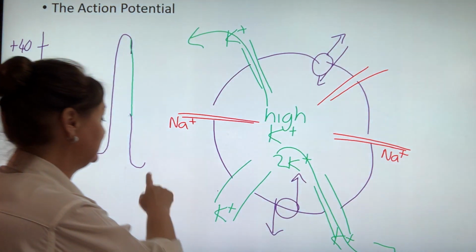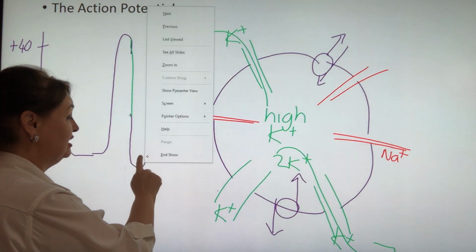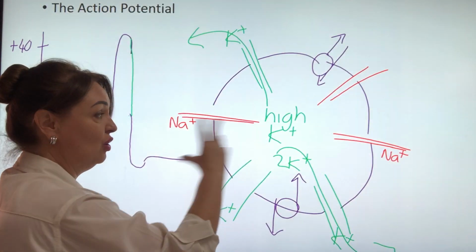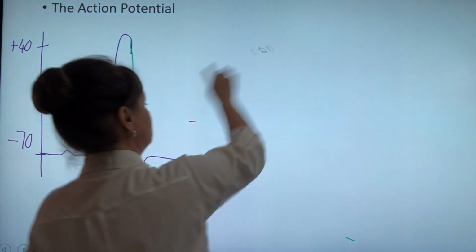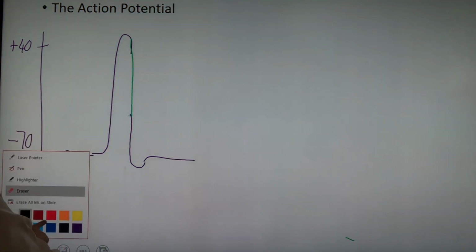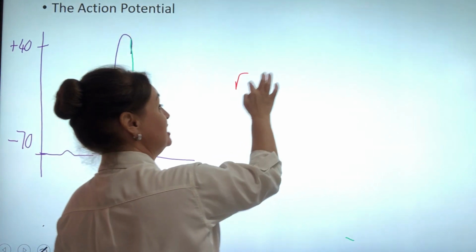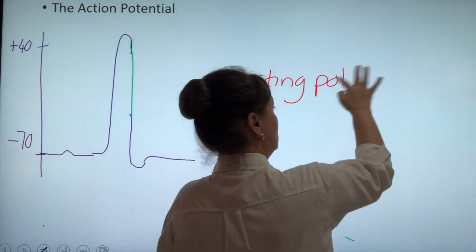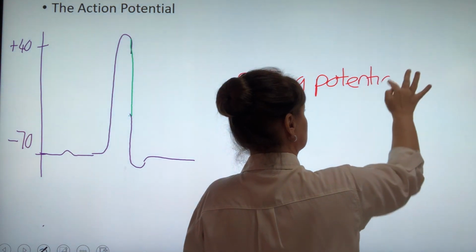We do come back to that and explain that. And then it continues to level off and the whole thing is restored. There's a relatively negative charge on the inside compared to the outside, our resting potential.